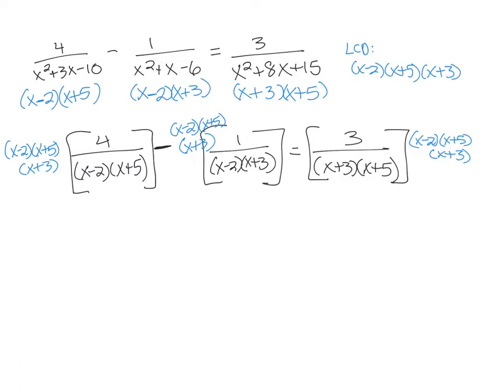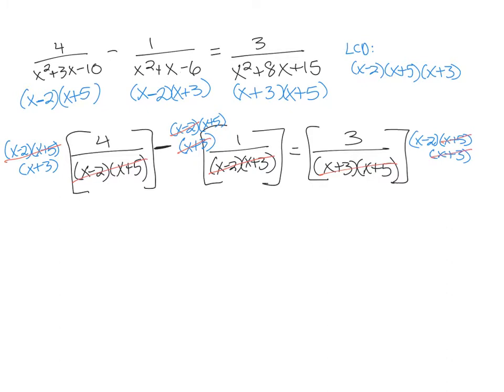That's the whole point. So when I multiply the LCD by this guy, these two pieces cancel, and the other guy is going to survive and multiply what's on the top. So practice doing what I'm doing right now, and you'll see that every single time you're left with one factor.